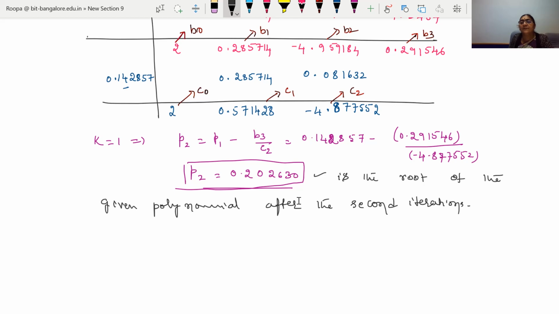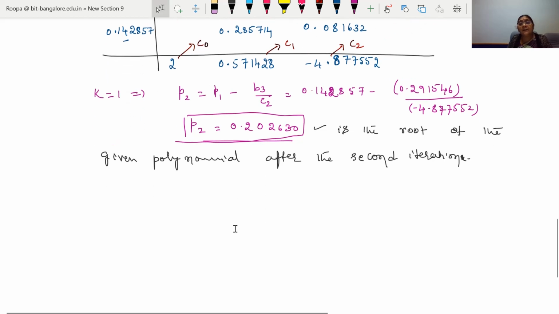I'm not telling this is an accurate value, because we did only two iterations. After the second iteration, one of the approximate roots of the given polynomial is 0.202630.